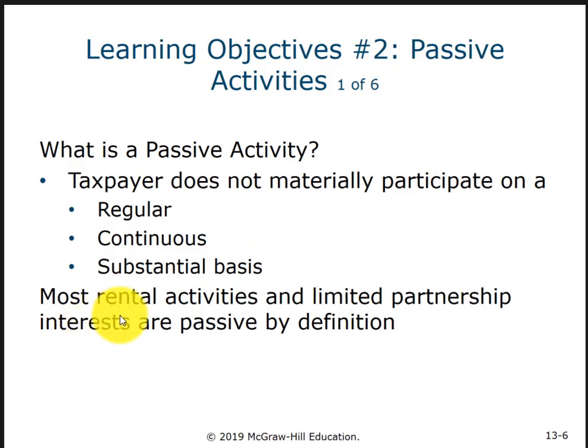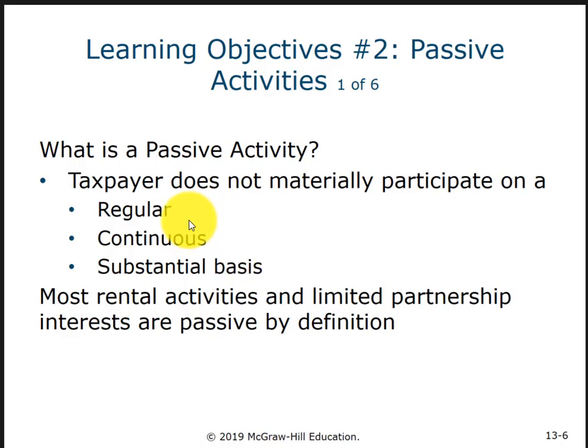But things like rental activities and being a limited partner in a limited partnership are usually looked at as passive. In fact, the law says basically, unless you can prove otherwise, and we talked about the real estate professional exception to this, but outside the exceptions, they are considered passive, meaning we assume they do not materially participate.